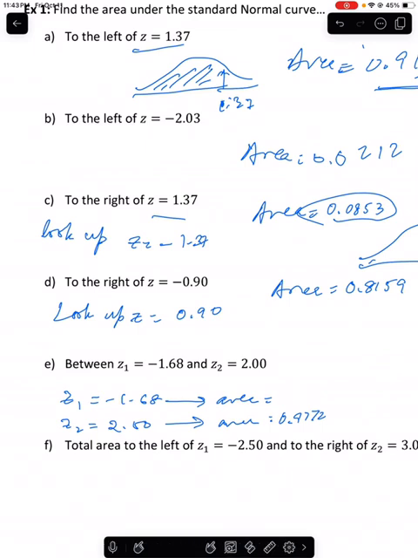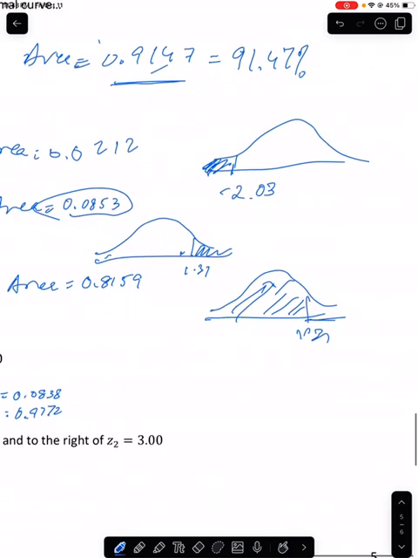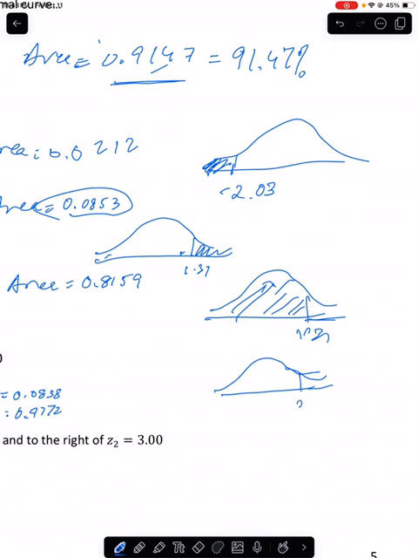Okay, so now remember we were looking for area between. One value is 2.0 and the other value on this side was negative 1.68. We had to find the area in between. So we looked up both areas. Now the 2.0 value had a bigger area, so we will subtract the other one from this.